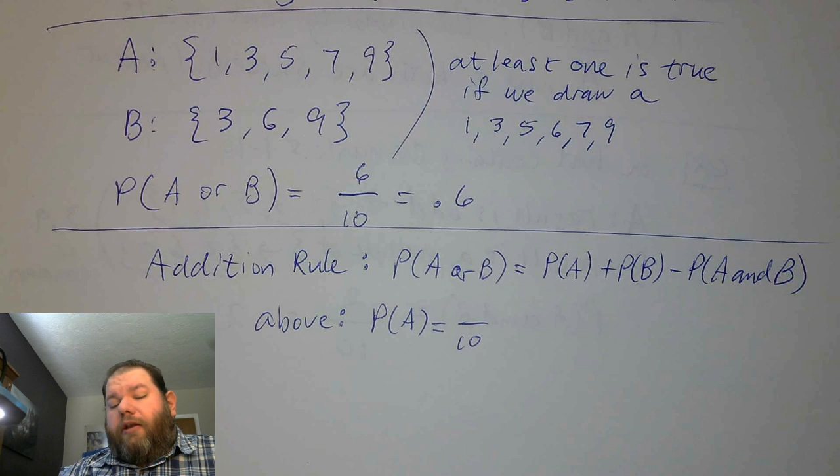Again, we're using the same general approach to probability that we talked about last time, which is we count the number of ways an event could be true out of the total number of possible outcomes.